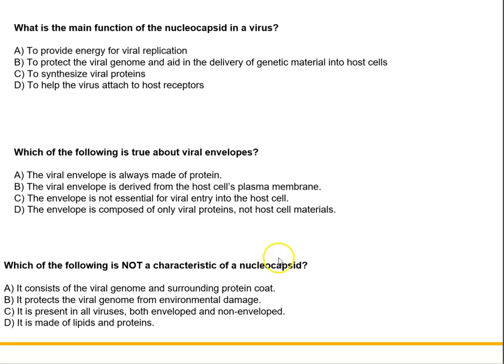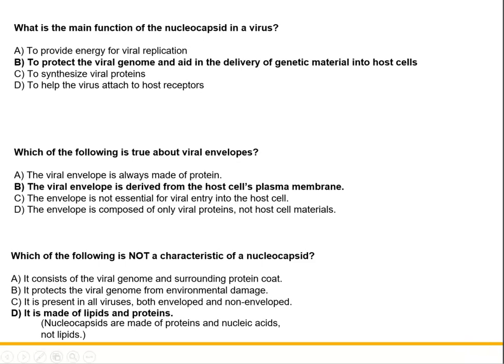There's always going to be nucleic acid. Or D, it is made of lipids and proteins. Well, D is incorrect. Remember that the capsid is made of proteins, and it surrounds nucleic acids. So nucleocapsids are made of proteins and nucleic acids, not lipids.